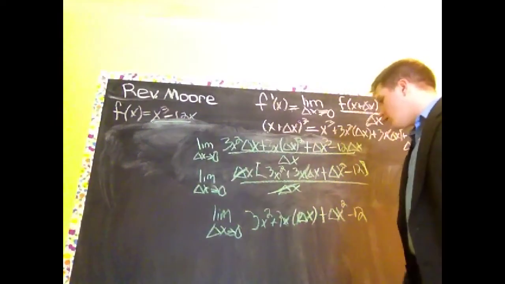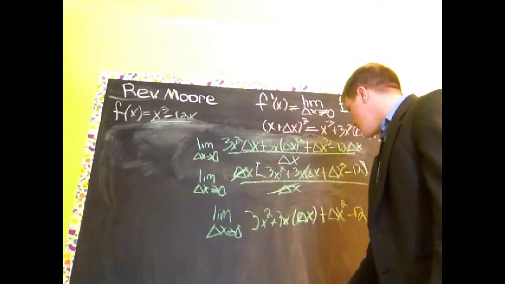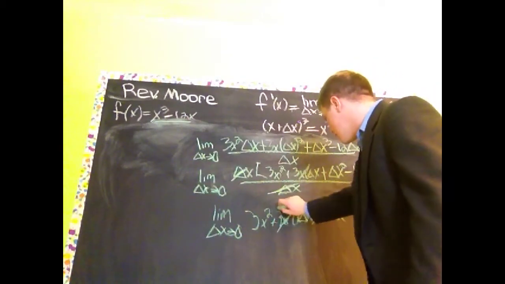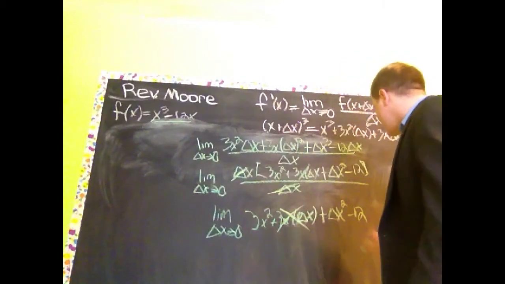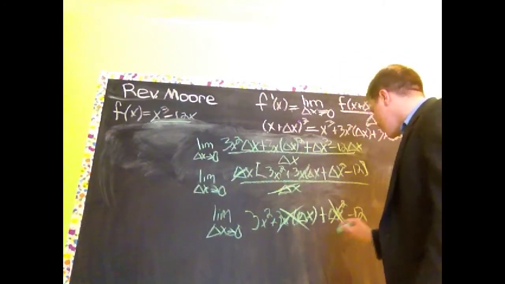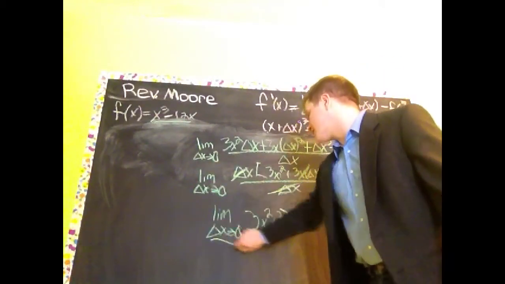What we can do now is take the limit as delta x approaches 0, so we can cross out 3x times delta x because 3x times 0 is 0, and delta x squared because that is also 0, since we replace all delta x's with 0.